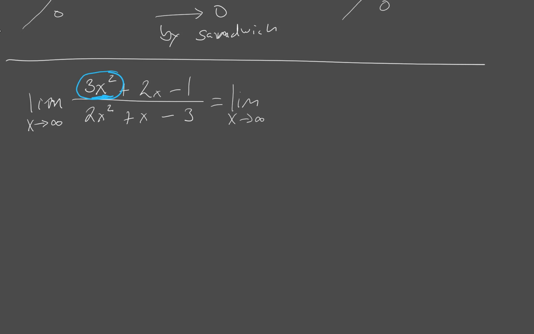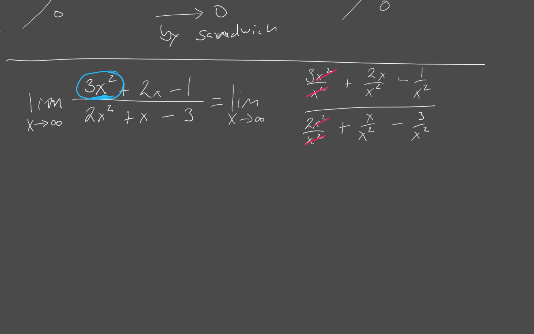As we get close to infinity, I said I was going to divide by the fastest growing thing. So every term is going to get divided by x squared. 3x squared over x squared plus 2x over x squared minus 1 over x squared, divided by 2x squared over x squared plus x over x squared minus 3 over x squared. Okay, here the x squareds cancel, right?